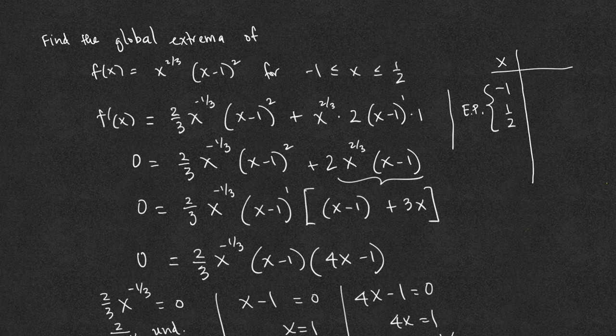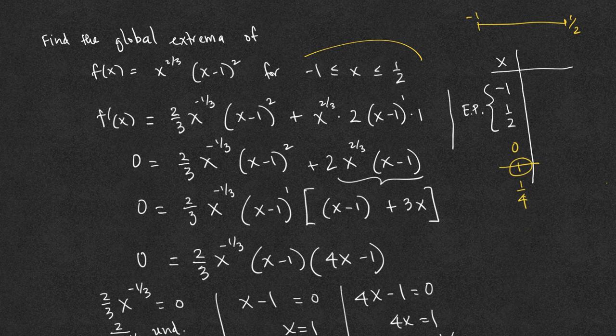They are x equals 0, x equals 1, and x equals 1/4. But our interval is from -1 to 1/2 only. This is the given interval, and so we cannot use x equals 1. We cross this out because x equals 1 is not in this interval.